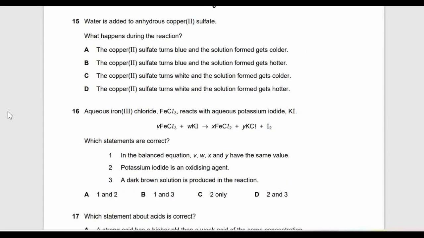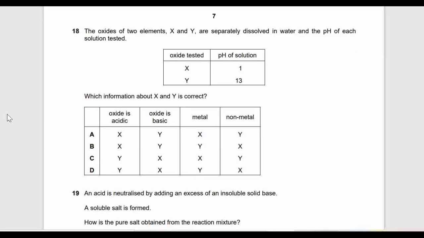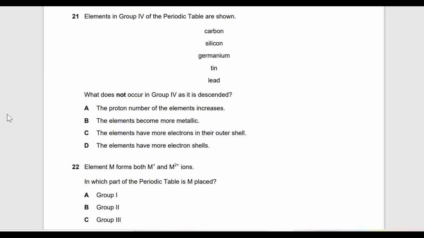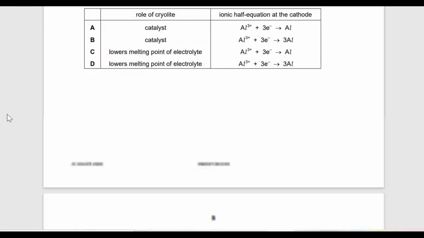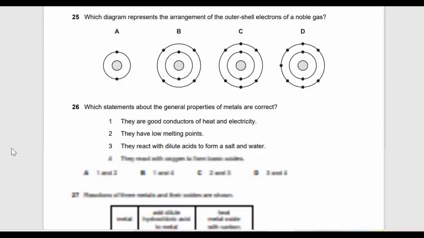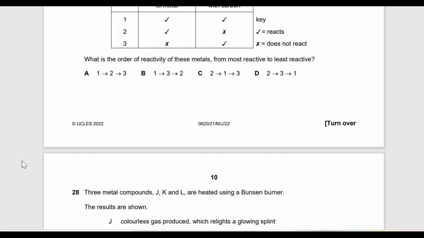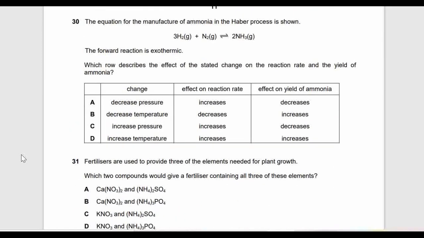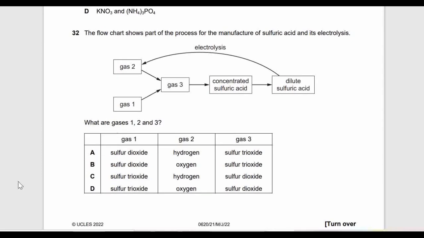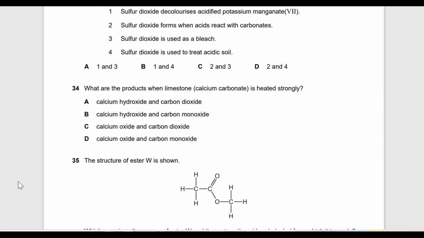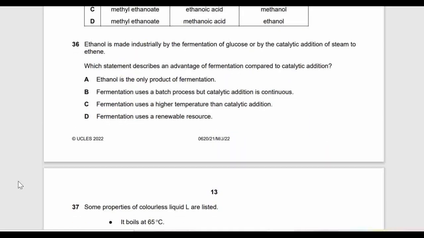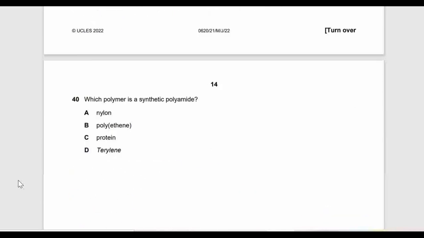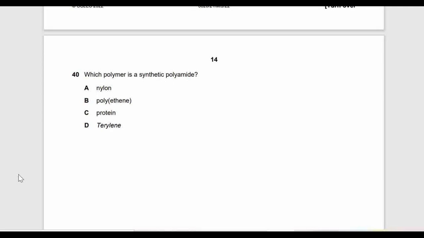Next are 15, 16, 17, and on through question 40. Altogether there are 40 questions with a given time of 45 minutes.